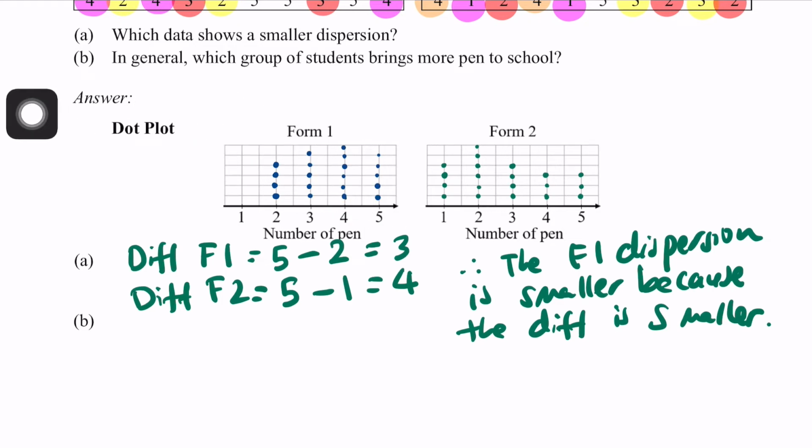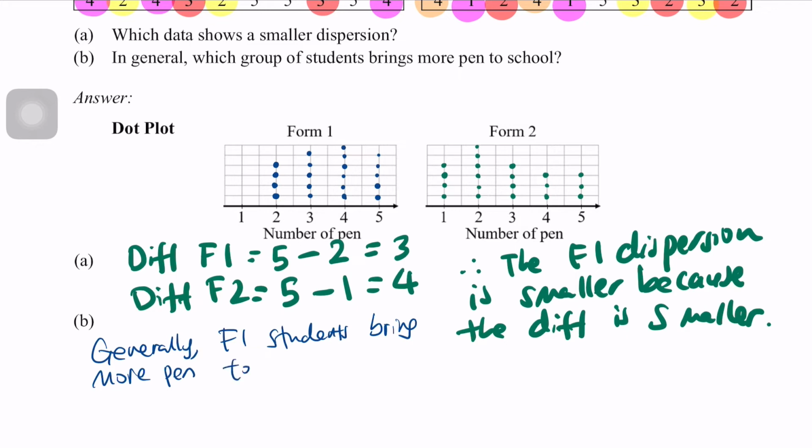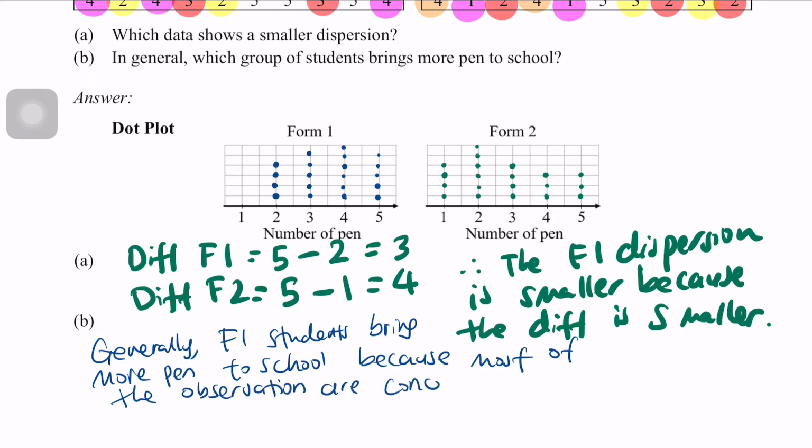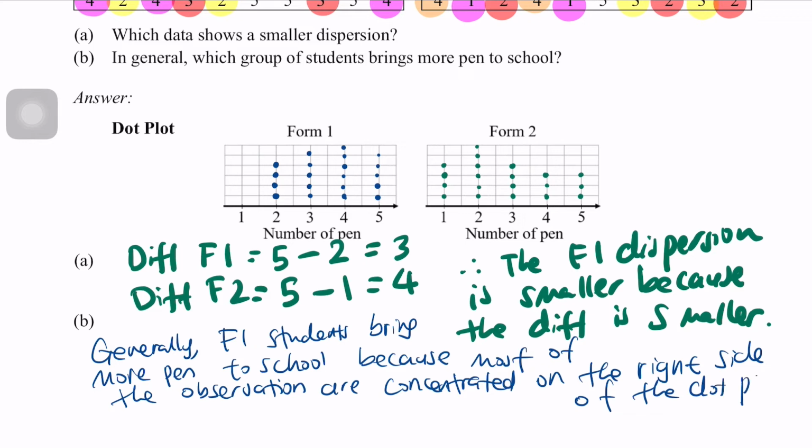So kita boleh katakan, generally, Form 1 students bring more pens to school because most of the observations are concentrated on the right side of the dot plot.